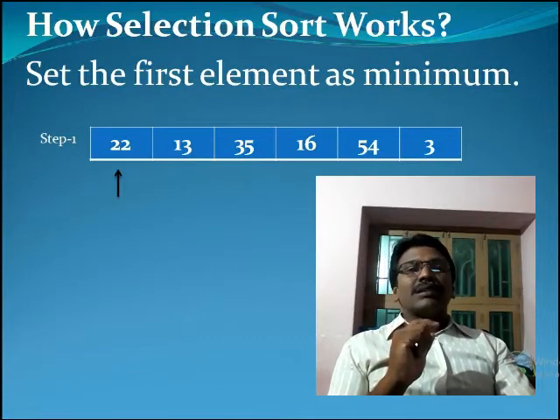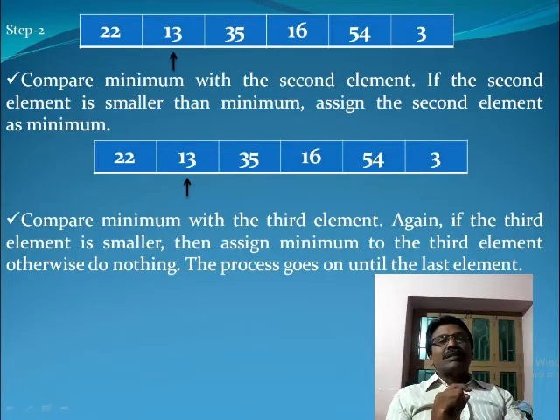Then compare the minimum with the second element. If the second element is smaller than the minimum, assign the second element as minimum. Already the minimum element is 22.